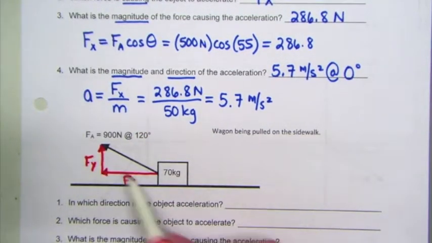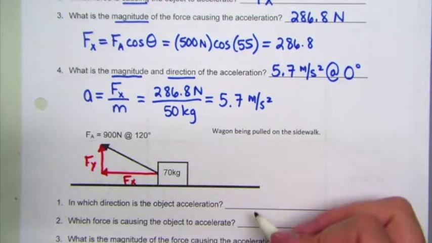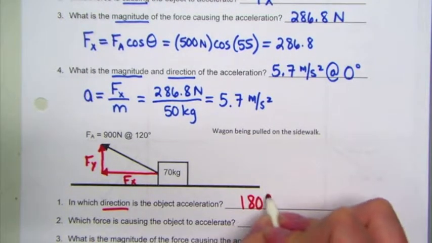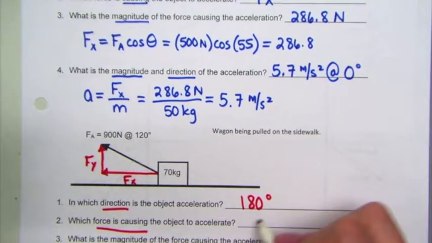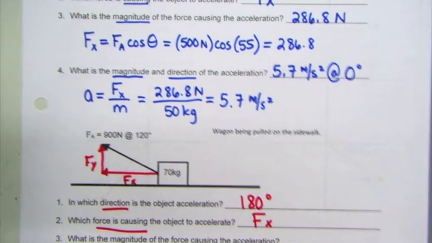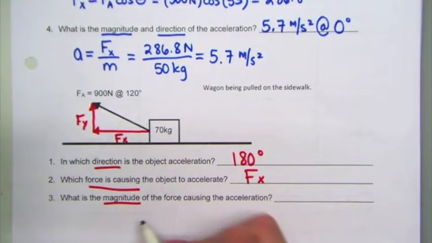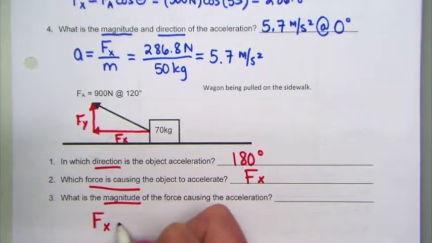So which of these two is going to cause the acceleration? Well, it's going along the horizontal surface, so that means the direction is 180, and the force causing it is still Fx. Now all we have to do is find the values for Fx.